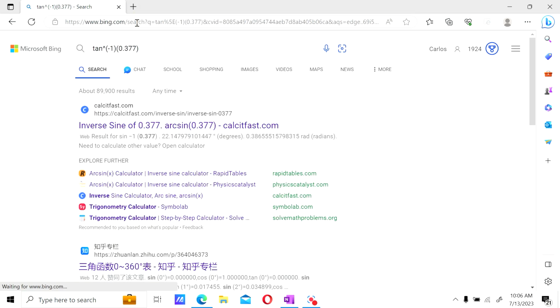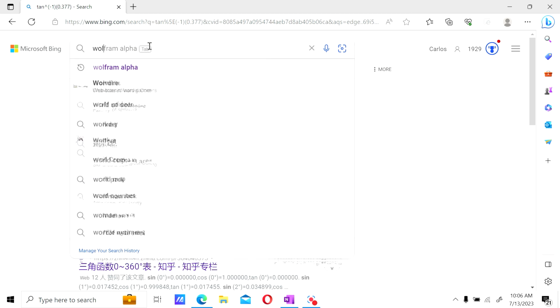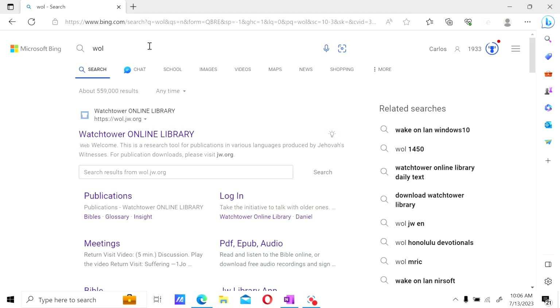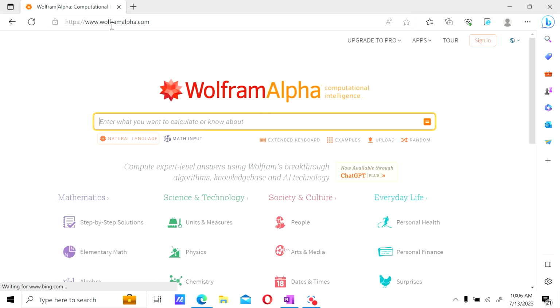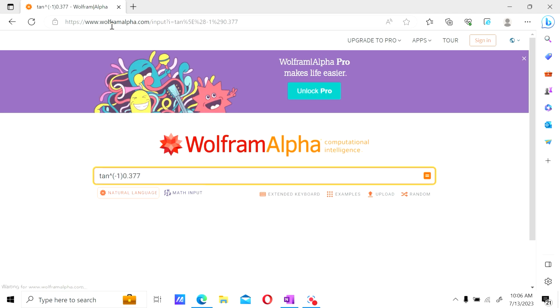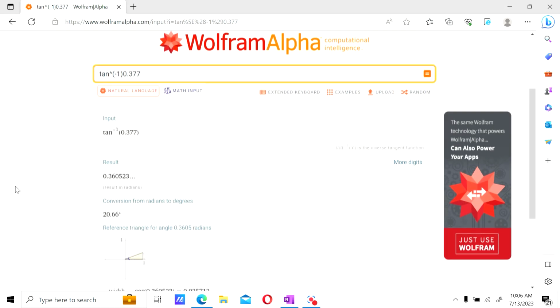Well, what about Google? Tangent inverse of 0.377. 20.66. I am not sure what happened there.